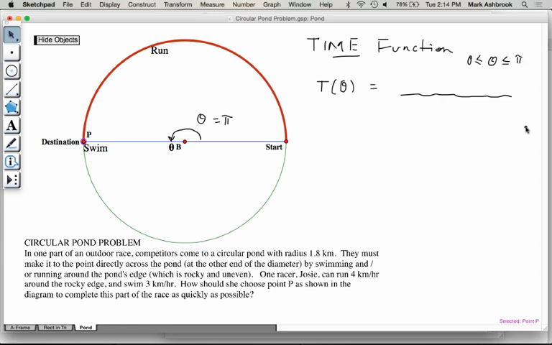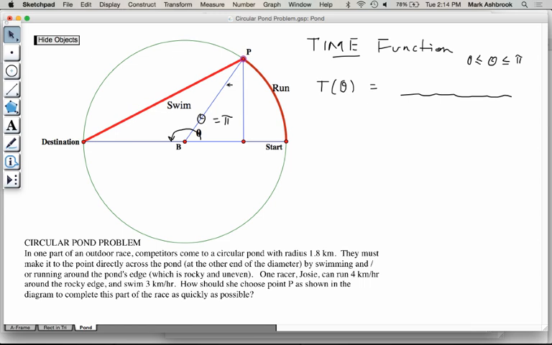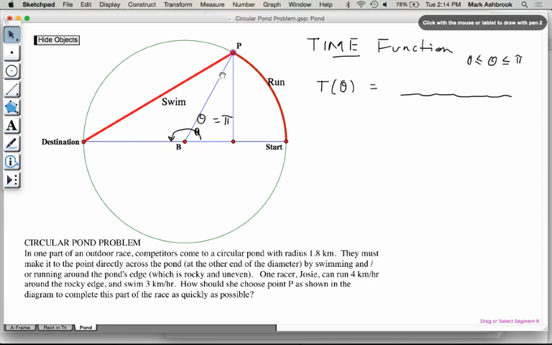All right, so now we'll just do a generic situation here. We've got to build this function. What's the time it's going to take her?